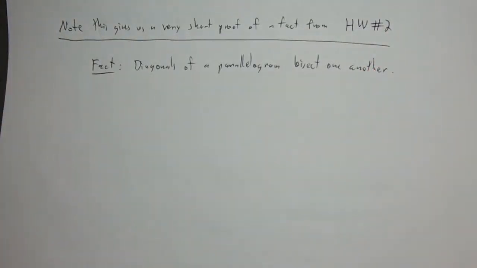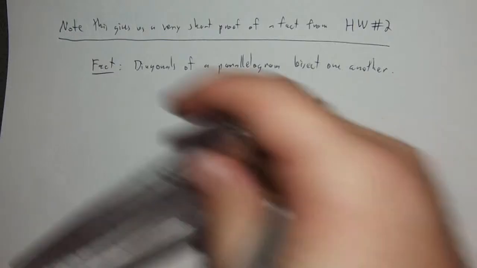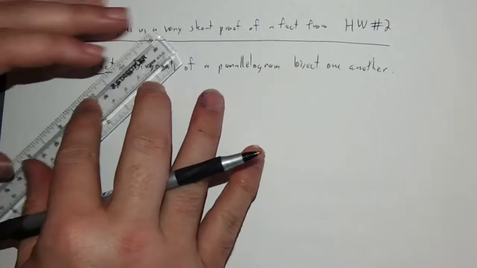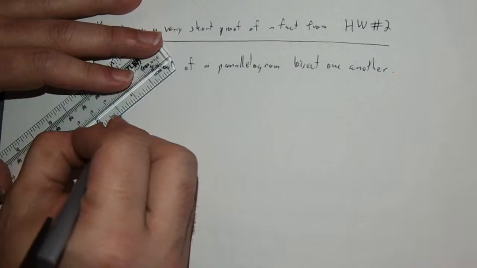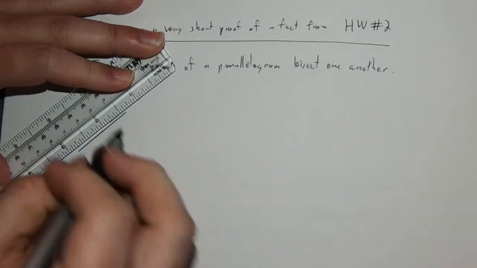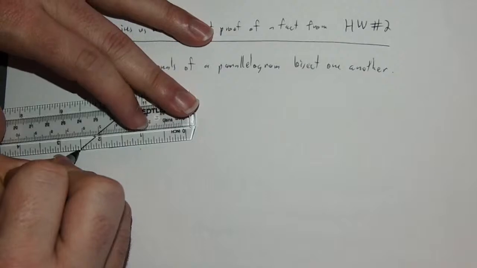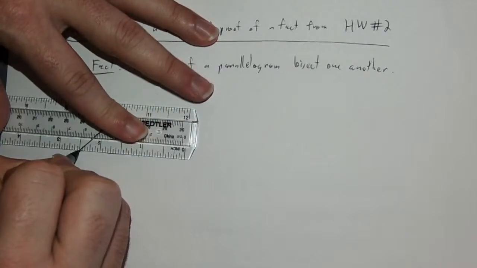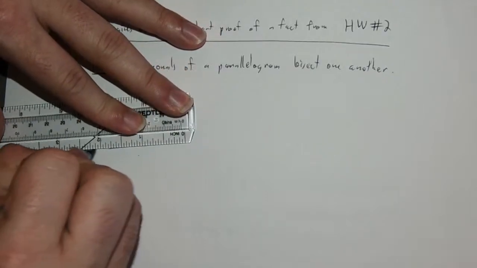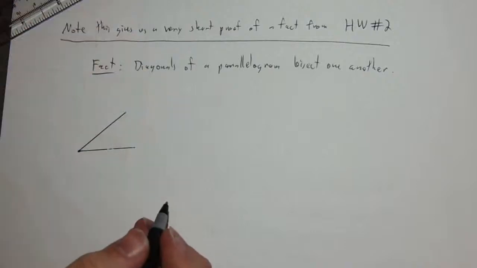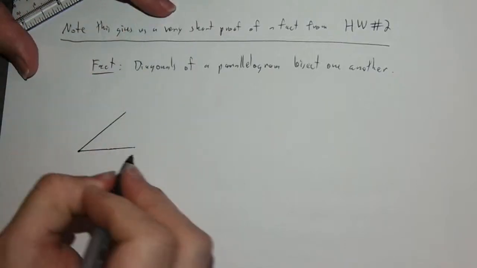Okay, so let's draw a new picture. It won't take that long. Let's say I have a parallelogram, and here's what two of its sides look like. So there's two sides.